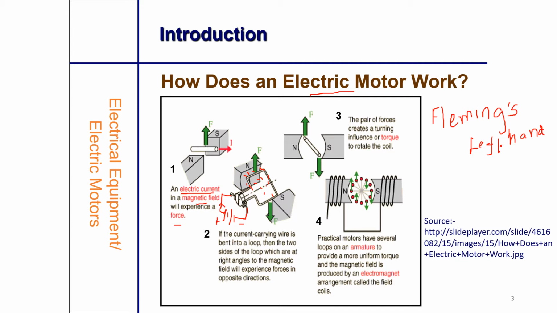So the current will move towards this arm in the rotating part, and when the current carrying conductor is placed under a magnetic field, this conductor will experience a force. That force is called the torque. Torque is nothing but the rotating action.